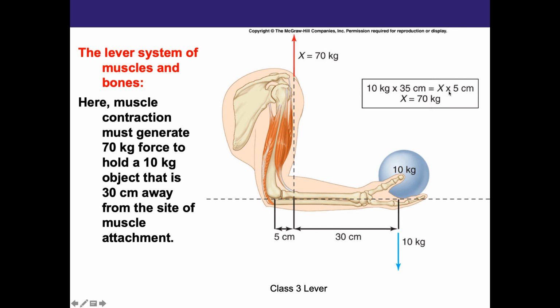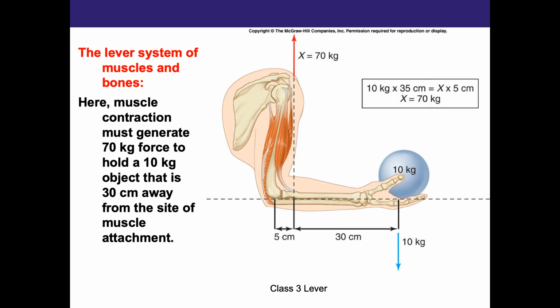Multiply that by 5 centimeters, and we're going to equal that to 35 centimeters and that 10 kilogram weight. If we just solve for x, that means that we have to generate 70 kilograms of force in those biceps to hold a 10 kilogram weight out 30 centimeters from the site of the muscle attachment.